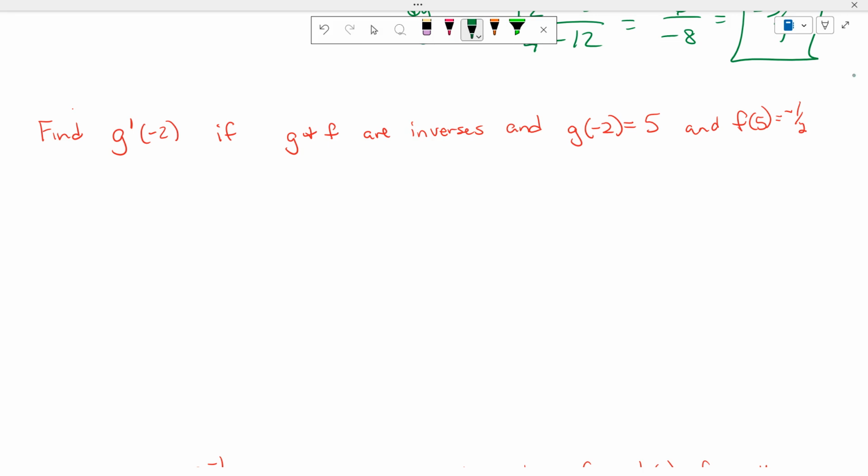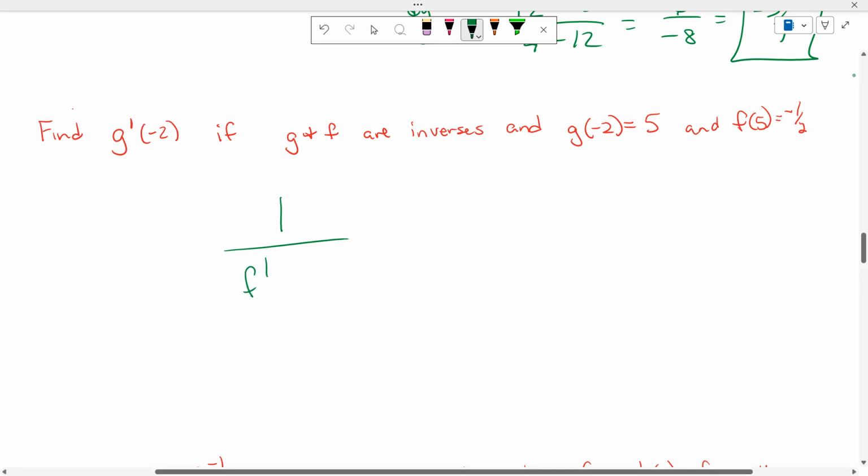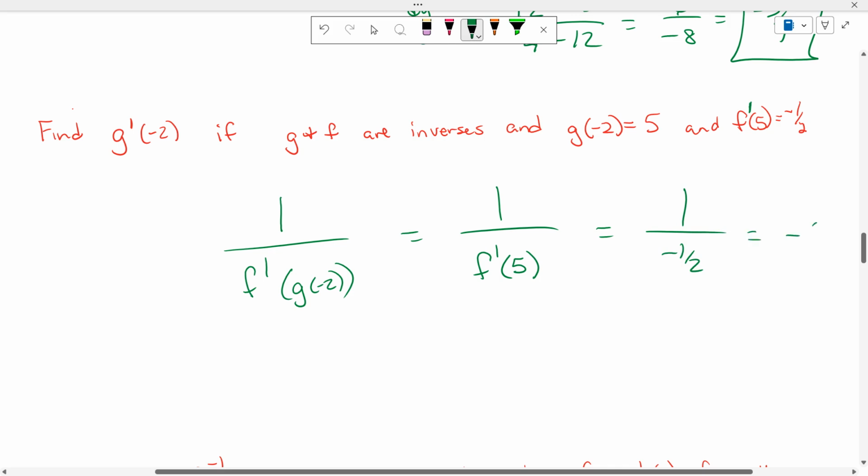Well, we find 1 over f prime of g of negative 2. g of negative 2 is 5. The first derivative at 5 is negative 1/2. So if we divide, we get a negative 2.